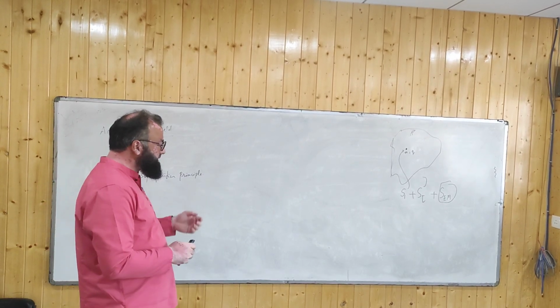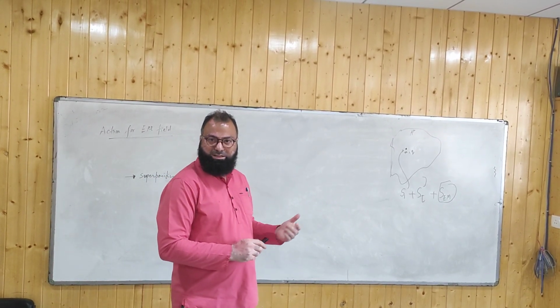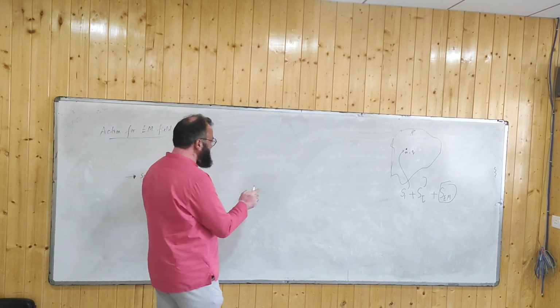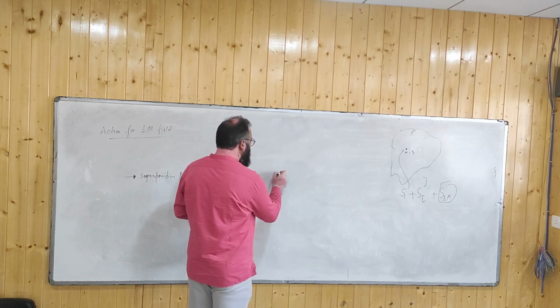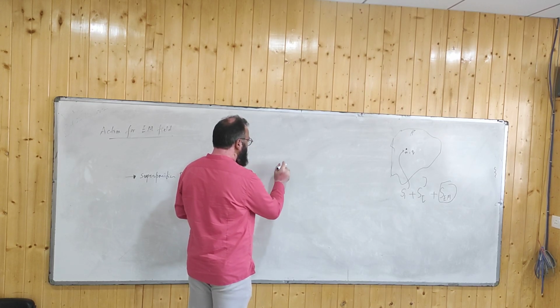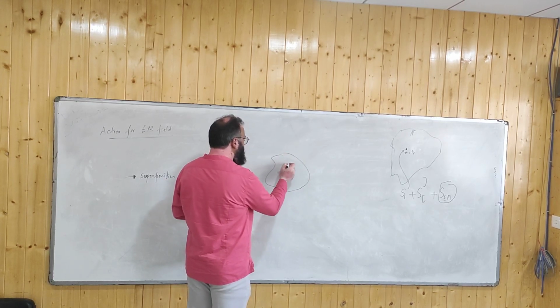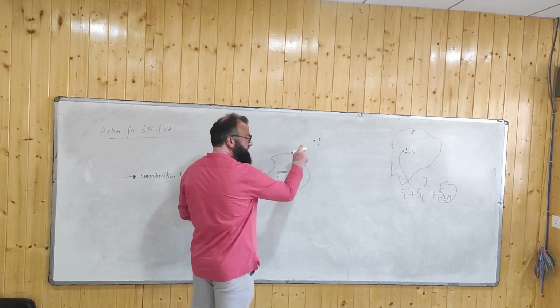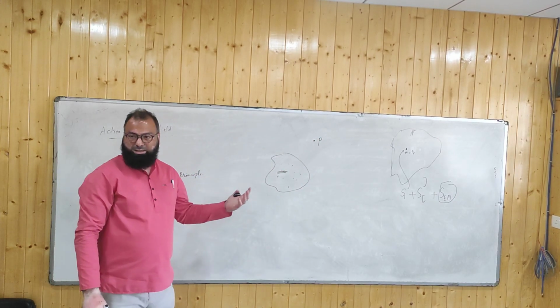Now let's consider the electrostatic field itself. Let's look at how the superposition looks. Let's say a simple electrostatic field. You have a bunch of charges in this region, and you try to calculate the field at this point P. Clear?